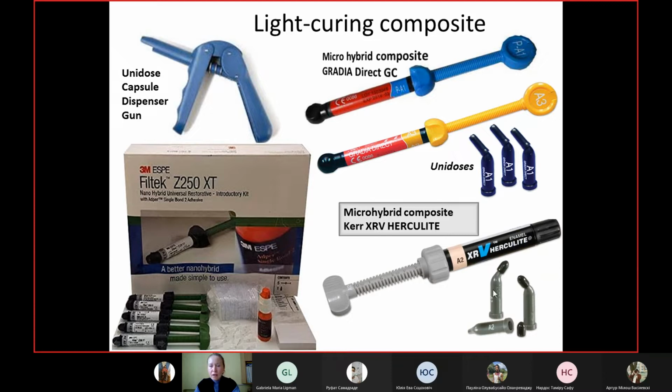And unidoses: usually the same material of the same company can be available in unidoses. For this, we use a special capsule dispenser gun to introduce this unidose material into the carious cavity.